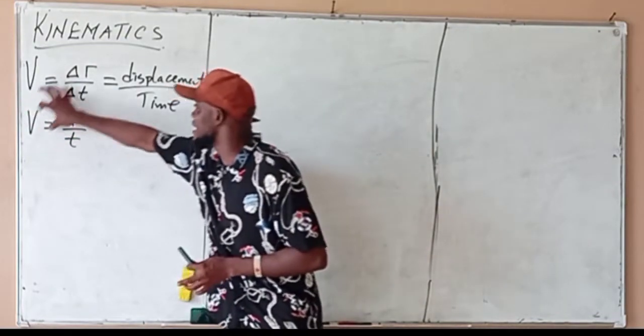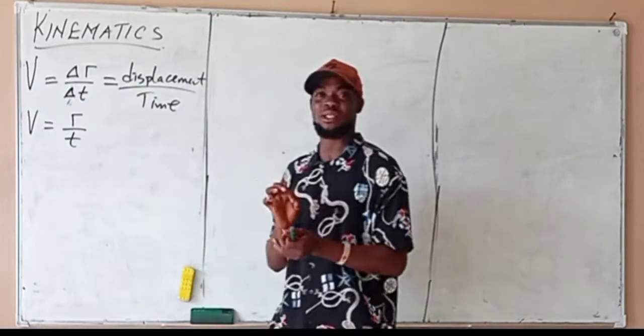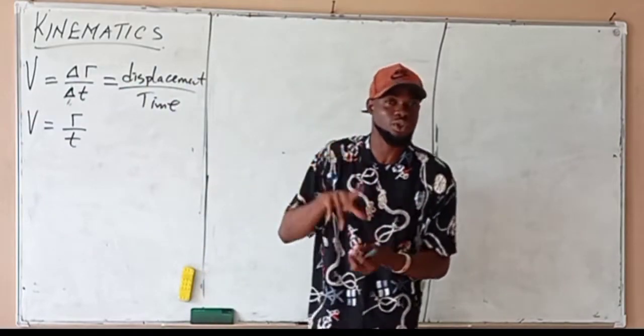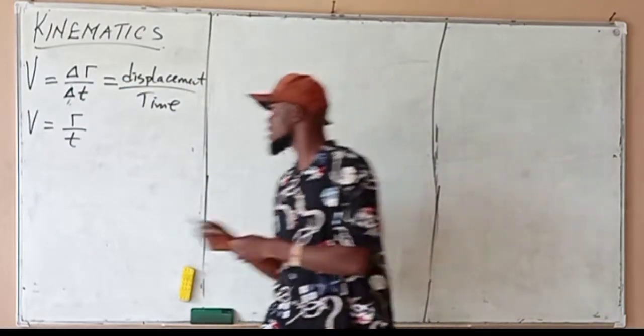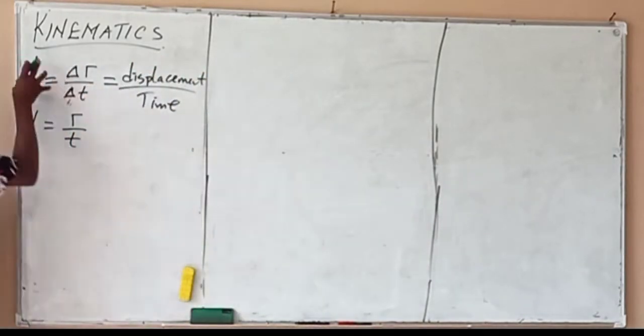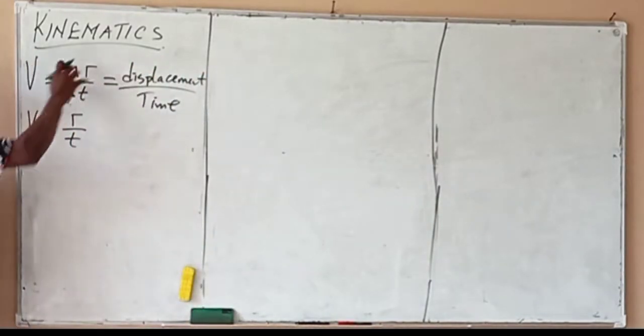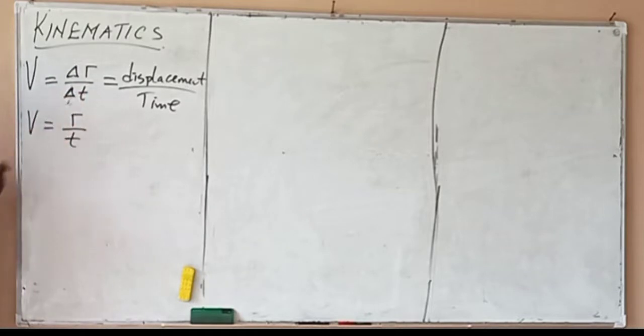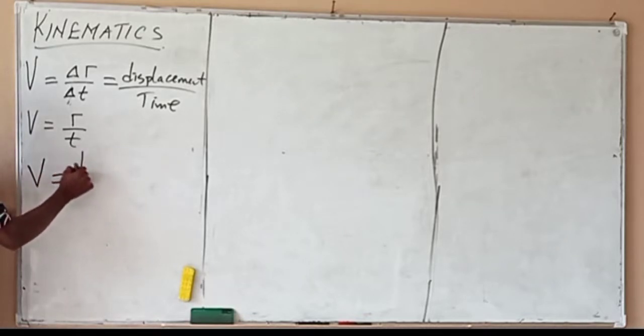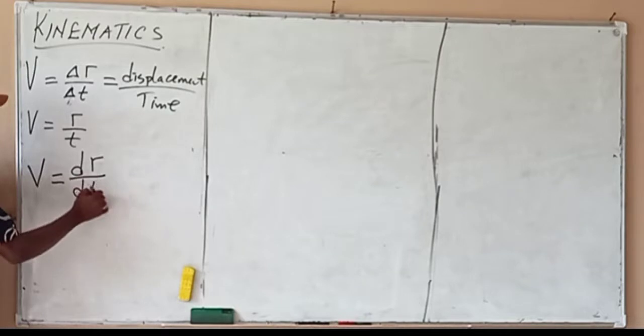Now, rewriting this expression, the change in s over change in time, using differential calculus, we say velocity is equal to the differential coefficient of displacement with respect to time.